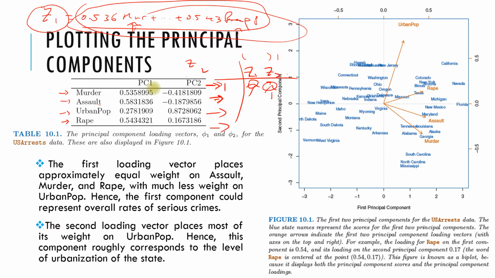It's a weight that is associated with each of these variables, and it will represent a certain direction within the data. For murder, you will have a certain direction that can be represented. For assault, you have a certain direction, and so on. Let's take the case of murder. For principal component 1, it is 0.535, and for principal component 2, it is negative 0.418.